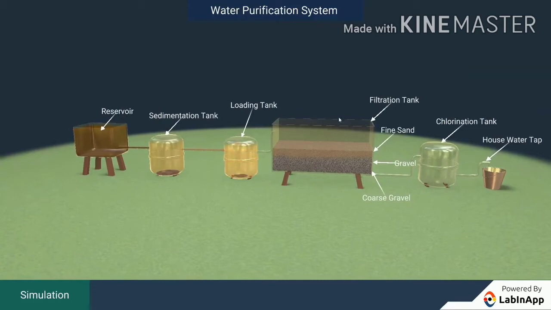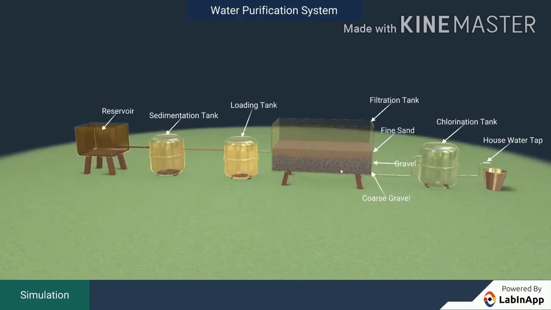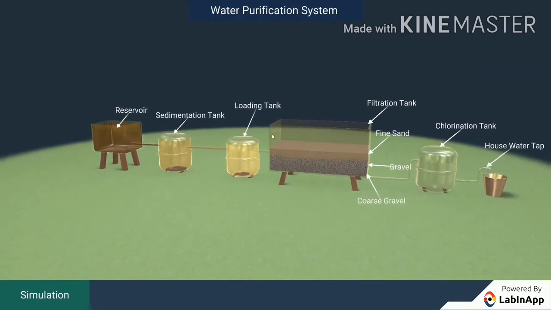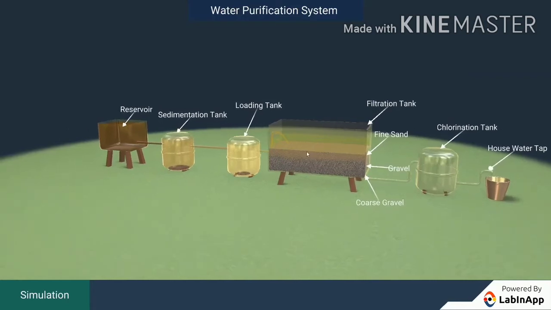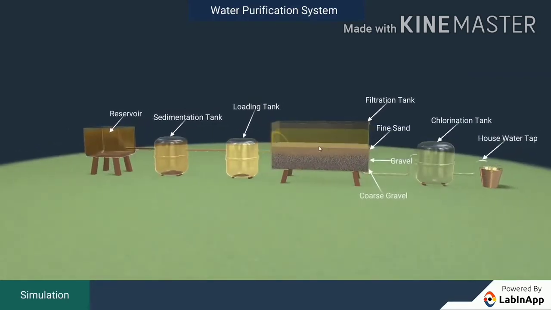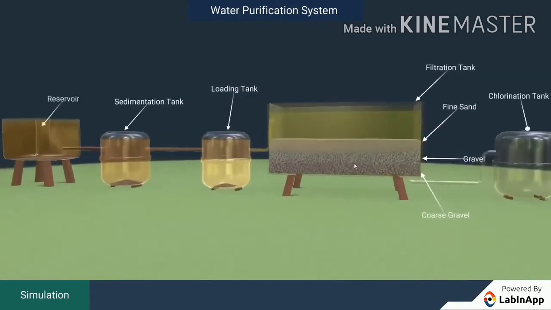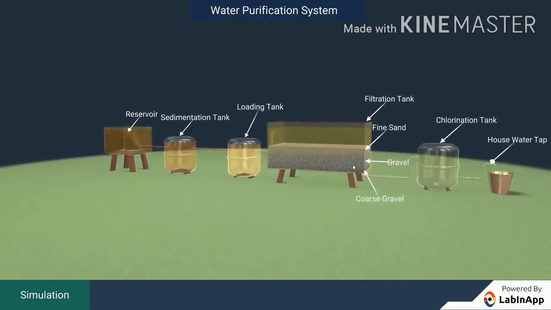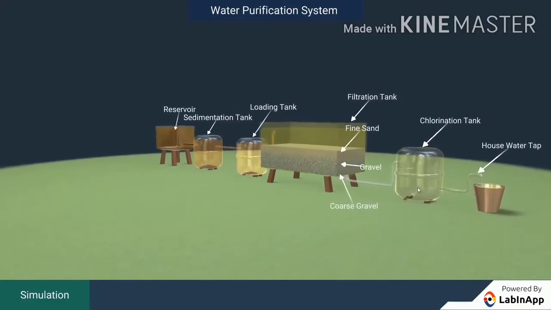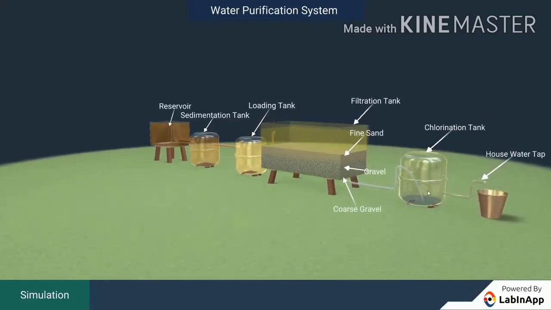The water from the sedimentation and loading tank is filtered through layers of sand and gravel in the filtration tank. Filtration is also done through activated charcoal, which affords better quality water. Chlorination. Finally, the filtered water is then treated with chlorine gas, which kills germs.